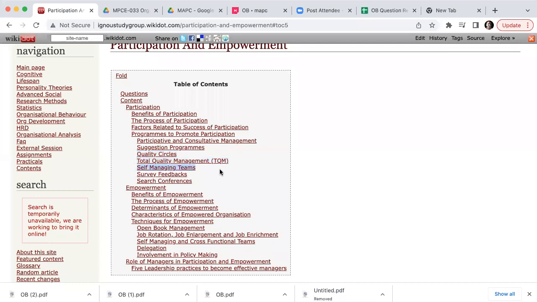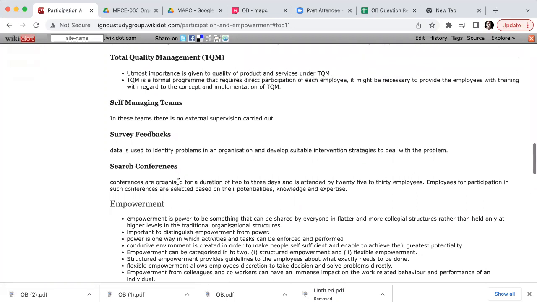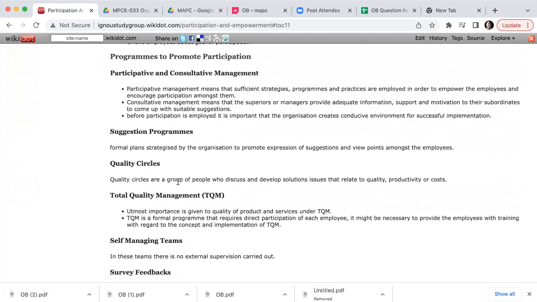Self-managing teams. This is also a very evident term. We are talking about teams that don't require any other supervision. They can manage by themselves. They are independent. If you make those particular teams, obviously you're talking about people participating. Participative and consultative management are two terms. Participative management we already talked about in other units.